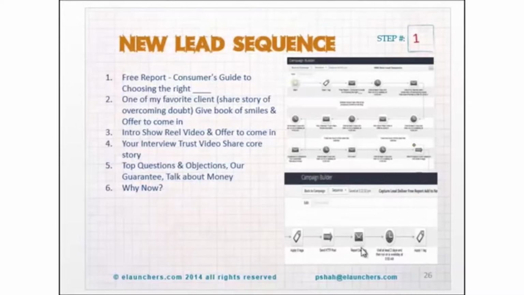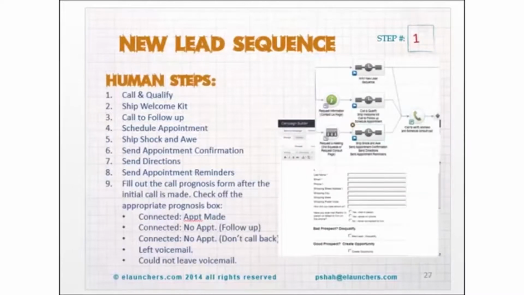So you should have a separate free report campaign where you're going to capture the lead, apply the tag, generate a free report single email, wait 1 day, apply a tag to start the new lead sequence, and then push the prospect into the new lead sequence. The purpose of the new lead sequence is to persuade them to come in for an initial consultation.